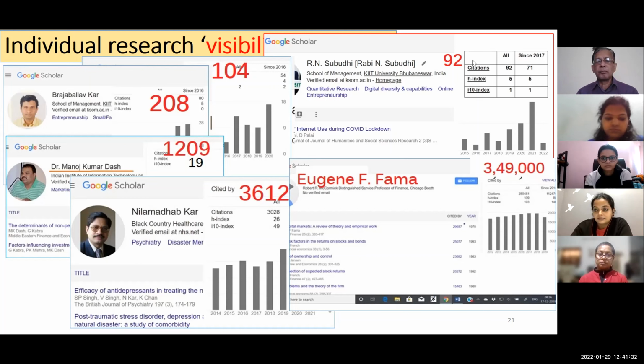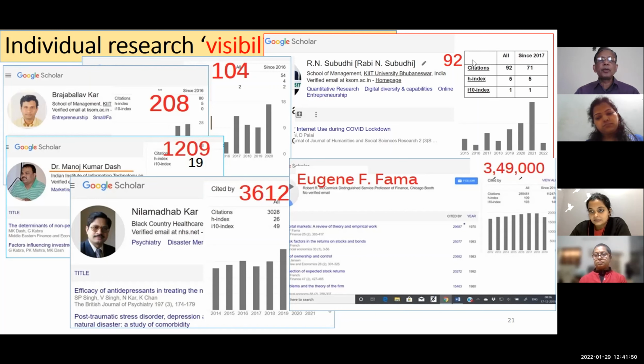He might be having better citations also. But I can counter, though I have written it in the limitation, given a choice, I have taken this because I'm not getting the citations of those who are not listed, those who are not found on the internet. So always you can have your limitation very clearly mentioned there.